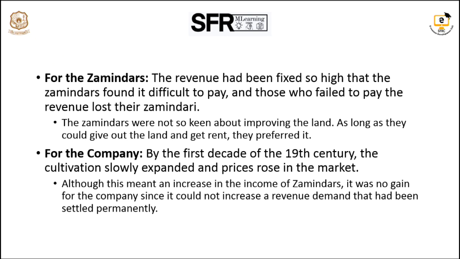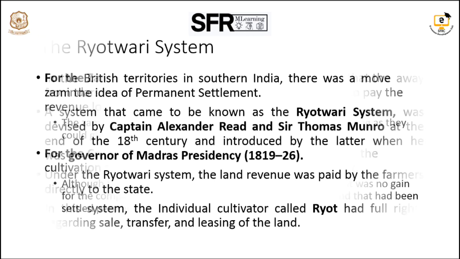As for the company, in the first decade of the 19th century, cultivation expanded very slowly and prices rose in the market, so they felt that the income from land revenue was not enough. These are the problems faced by the farmers, Zamindars and the company.